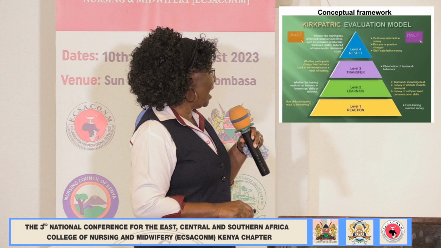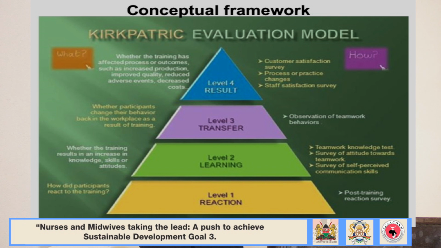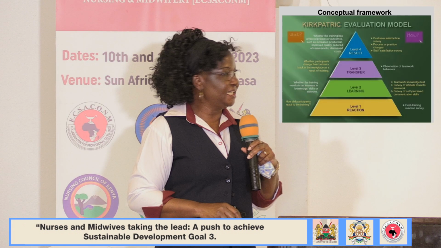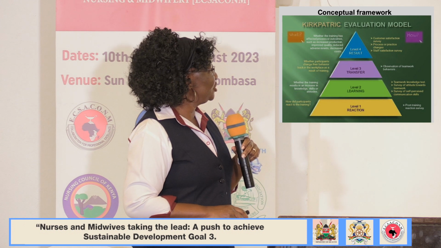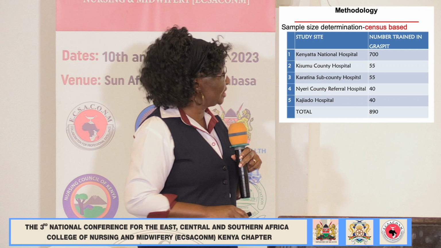Then it also wants to know, these participants that have been trained, has their behavior changed in the workplace? Because we know training is not necessarily equivalent to what we do on a day-to-day basis. And then after that, have the processes, the inputs and the outputs been affected positively following the training? And this is just a summary of the Kirkpatrick model.